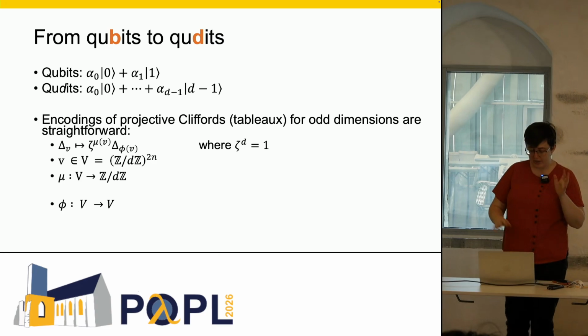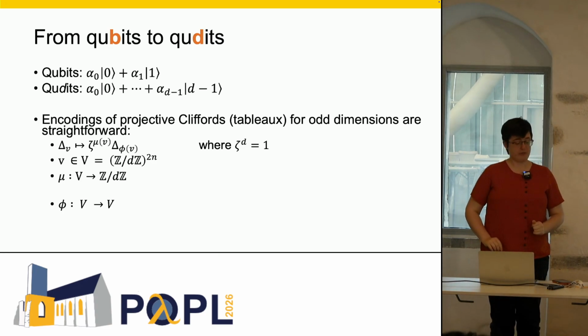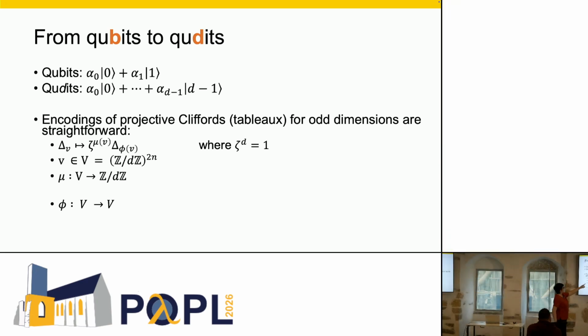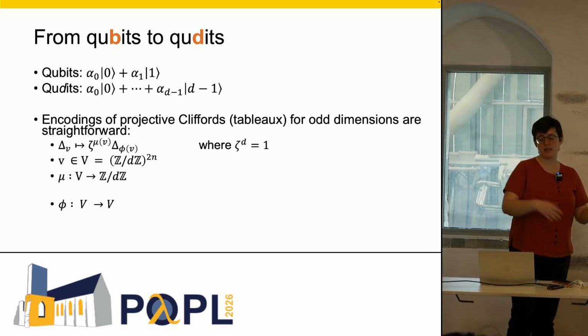So we can write every projective Clifford in the following form that sends delta V to zeta of mu of V, delta phi V. So here zeta is a primitive dth root of unity, right? Just like previously we had -1, now we have zeta.